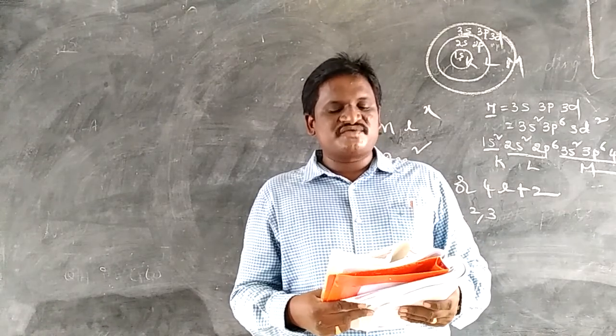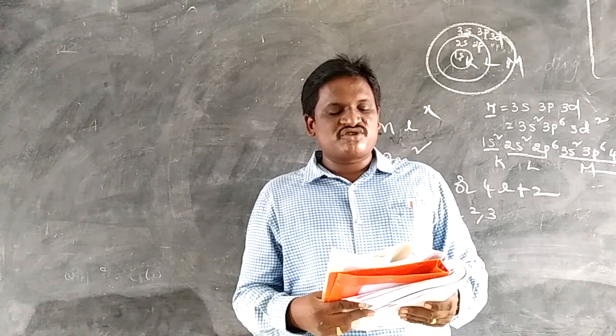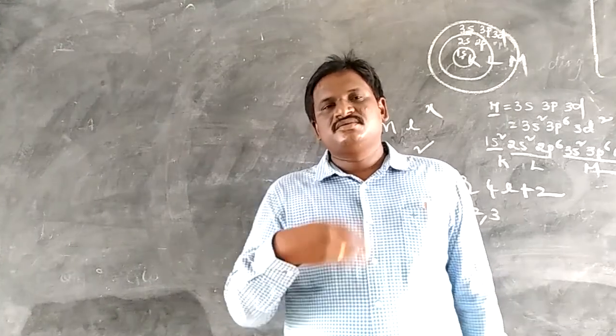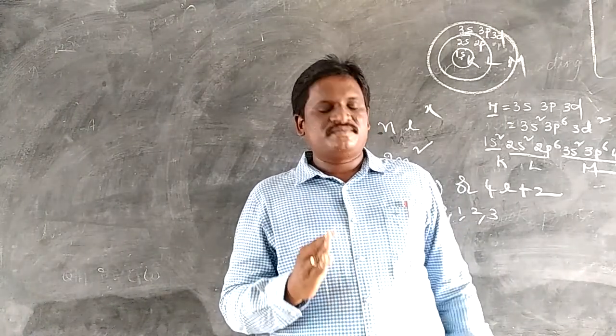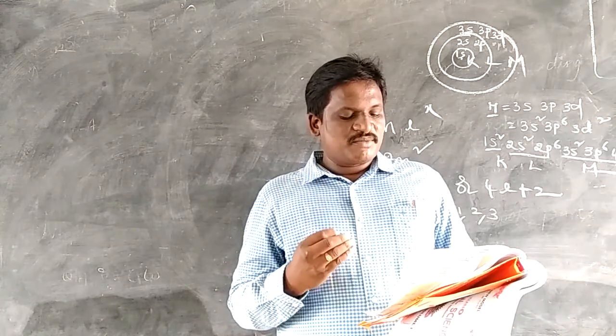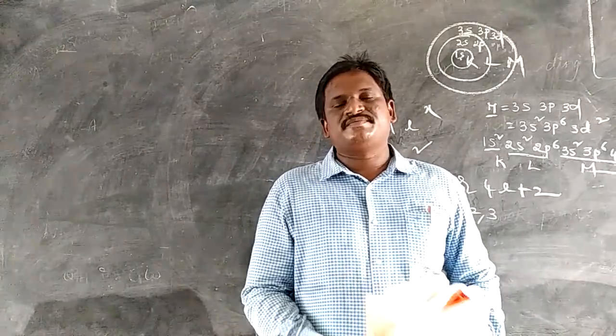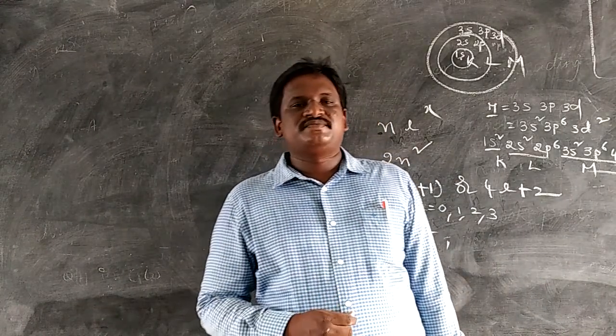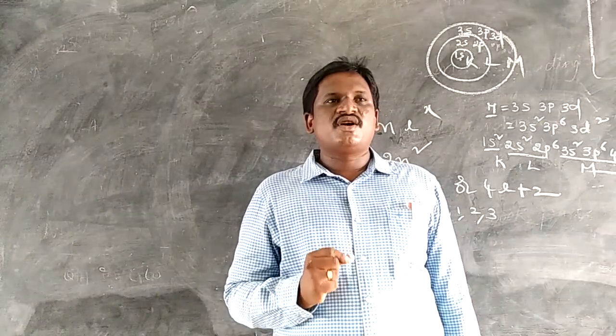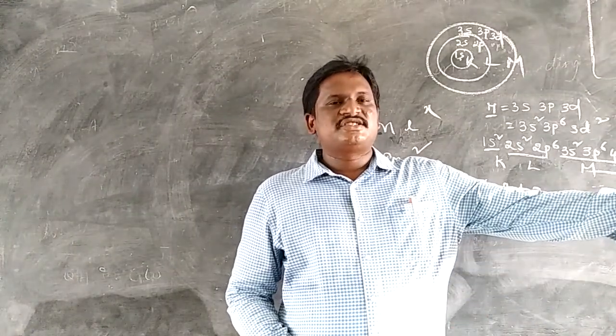Explain the significance of 3 quantum numbers in predicting the position of an electron in an orbit. Read: principal quantum number, angular momentum quantum number, magnetic quantum number. Principal quantum number was proposed by Niels Bohr.